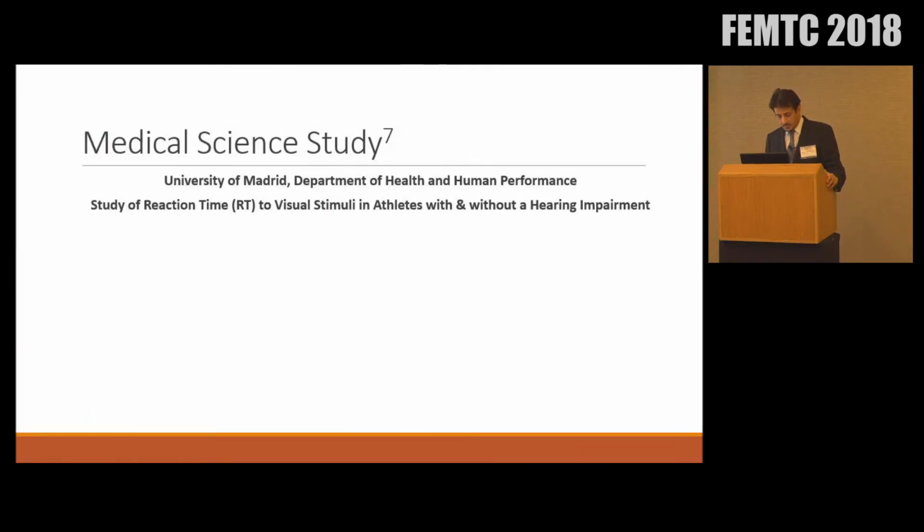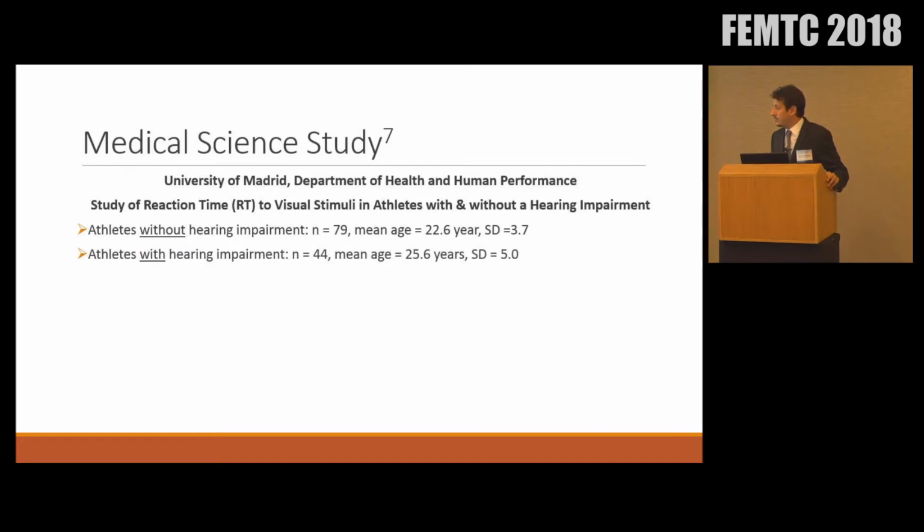The final study I'll go through today is done by the University of Madrid, Department of Health and Human Performance. They studied the reaction time to visual stimuli in athletes with and without a hearing impairment. For athletes without hearing impairment, they tested 79 people and came up with an age and speed.